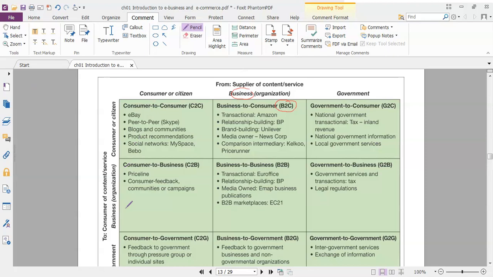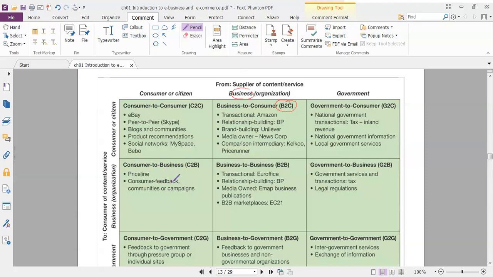So is there also the business or service from consumer to business? C2B. For example, Priceline, consumer feedback, communities, or campaign. If you look at most of the applications right now, for example, Foodpanda, GrabFood, they need our feedback, the customer feedback.